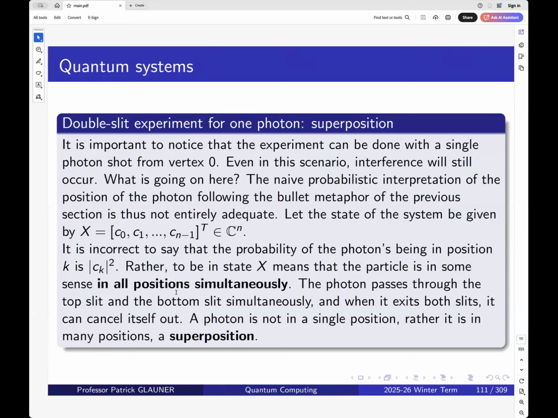Rather, in quantum mechanics, we have a concept called superposition, so that the photon is actually not in a single position, but rather in many positions, potentially in all of these positions at the same time. So what does that probability, ck modulus squared, mean? It does not mean that this is a probability where the photon is.